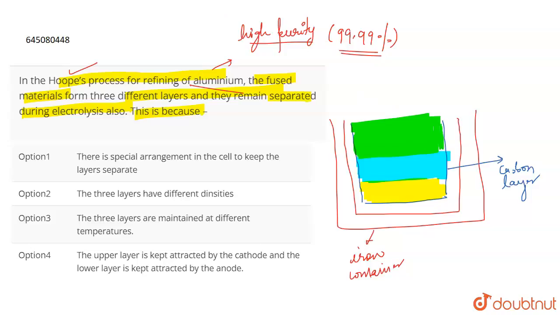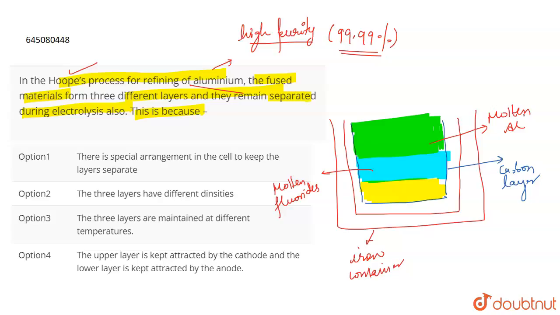Now, this second layer that we have consists of molten fluorides, right? And if we talk about this layer, here we get the molten Al, okay?